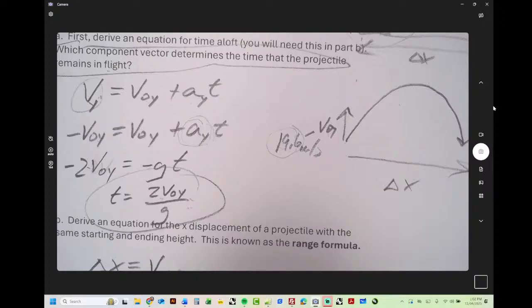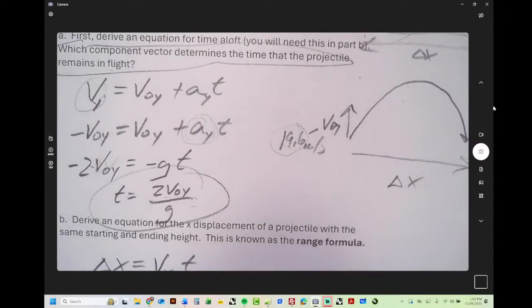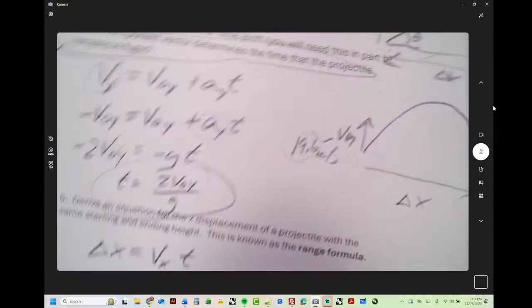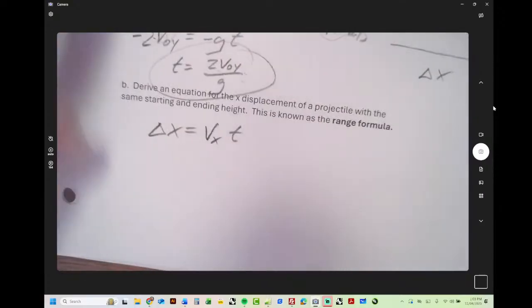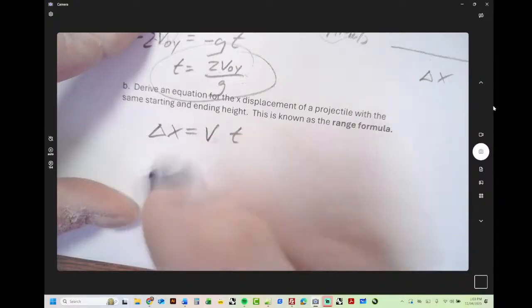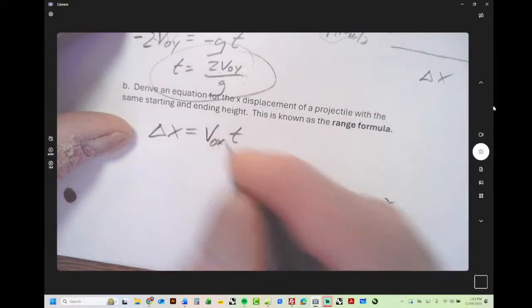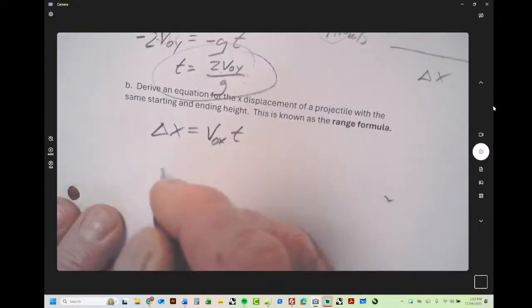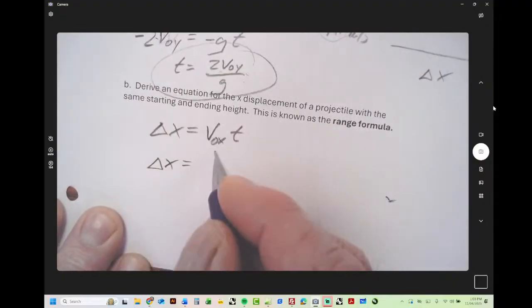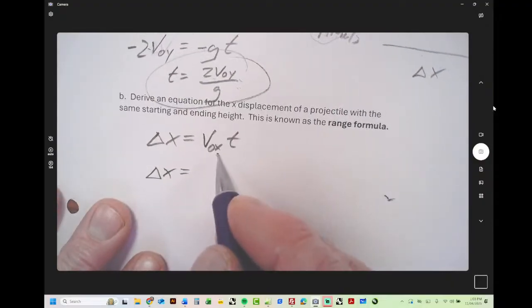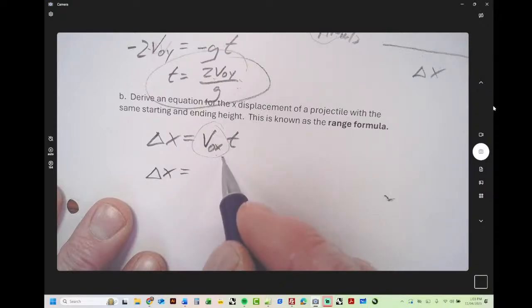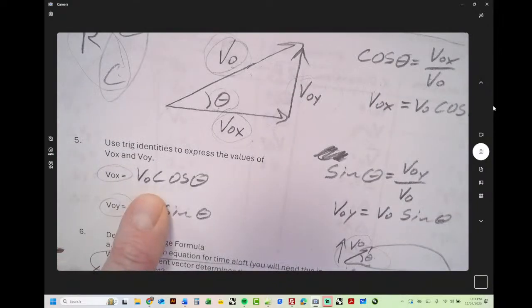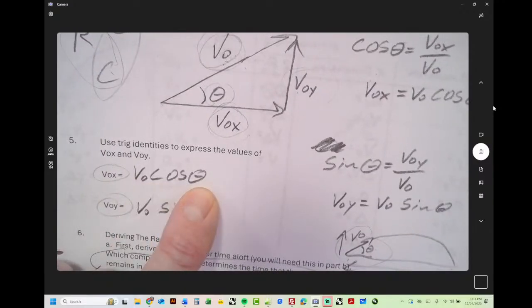vx times t. Sorry, I zoomed too much. Let me actually call this v0x. So displacement is v0x, but we've got another way to express it. v0x is v0 times cosine theta.